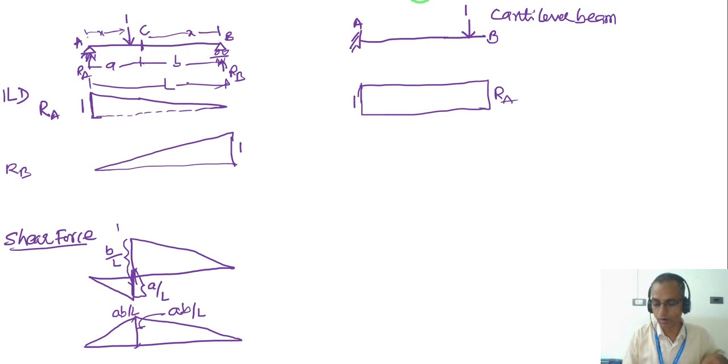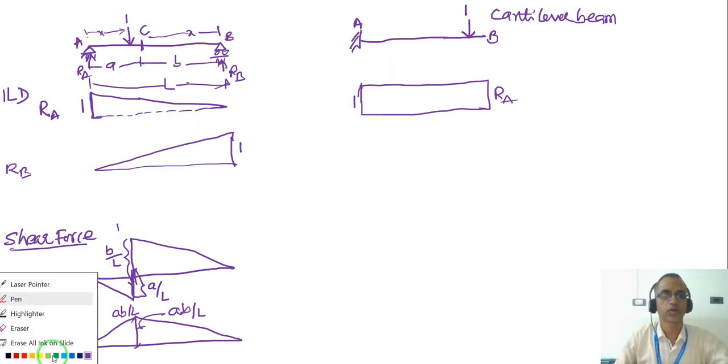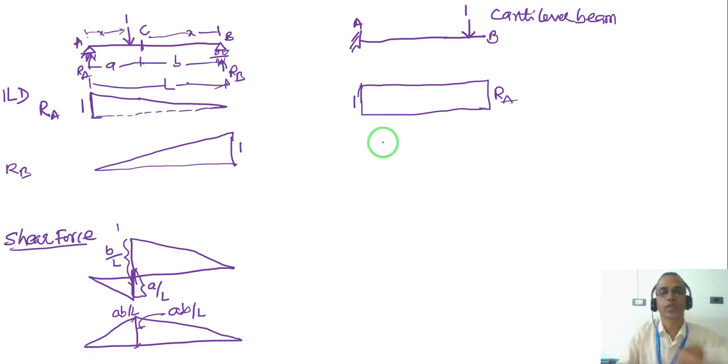If you want to find the ILD for shear force in a beam at a section, let us say this is a section X, I want to find the shear force at this section. So you take a point load, let's say 1. When the unit load moves from A to X, the shear force at this point will be 0.